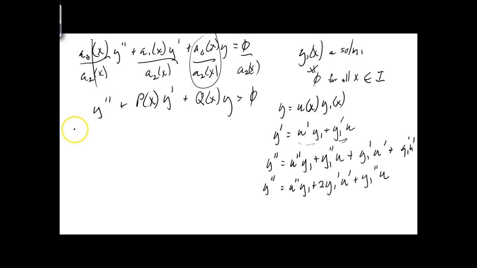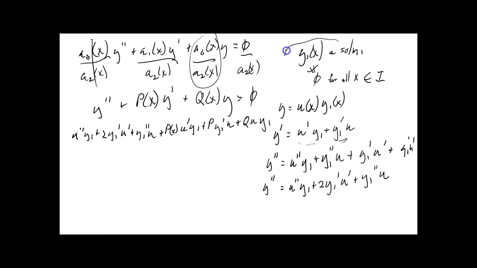All right, this y double prime is u double prime y1 plus 2y1 prime u prime plus y1 double prime u plus p of x times y prime, which is u prime y1 plus p, I'm not going to put the of x in there, y1 prime u, plus q u y1. Duh.